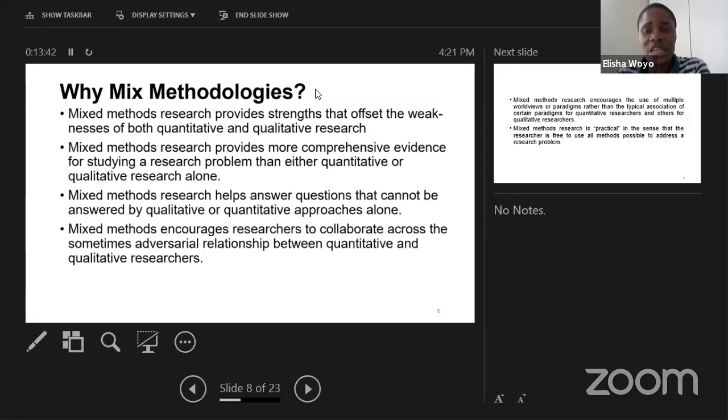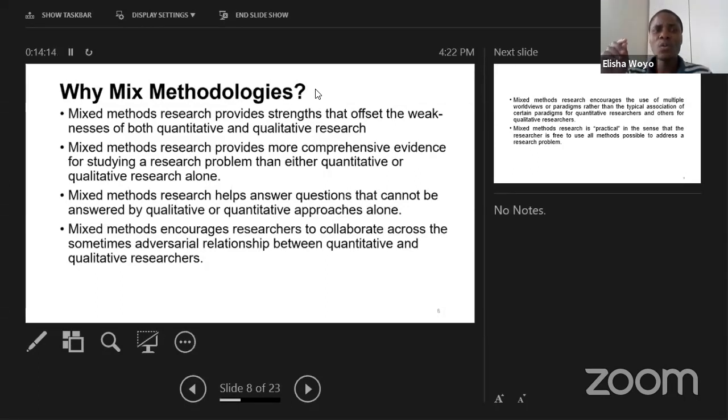And that's enough justification. Most of the times, this justification is missing in a number of proposals and theses that I have examined. So it's very important that the reason for mixing the methodology comes out clearly in that section when you are writing about your methodology. So we mix it in order to offset the weakness of either qualitative or quantitative methodologies.